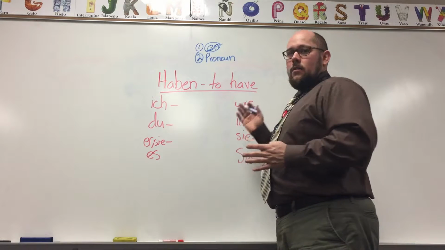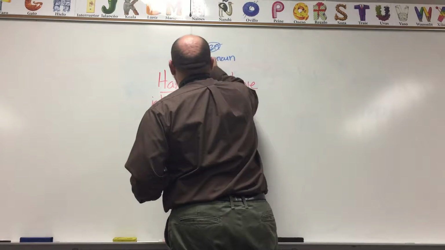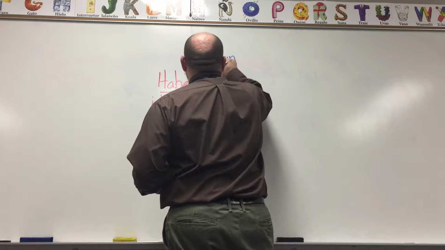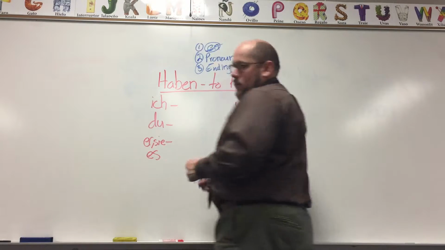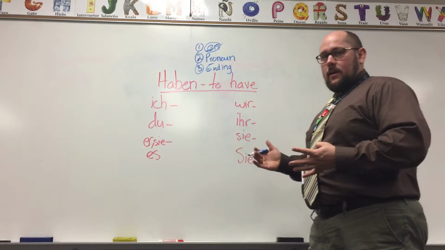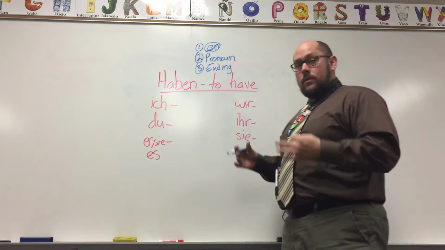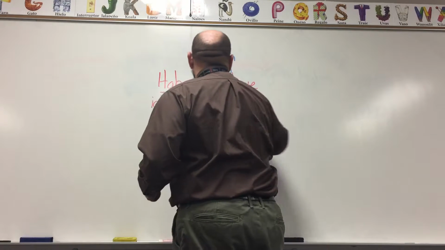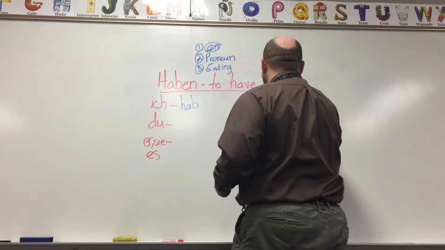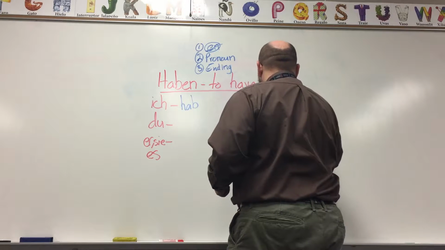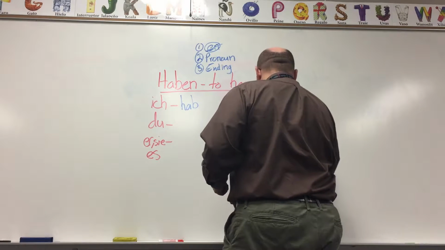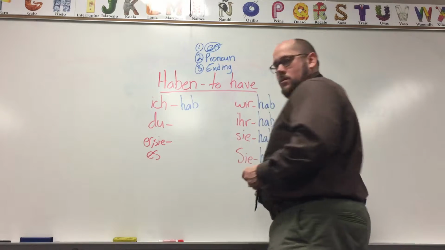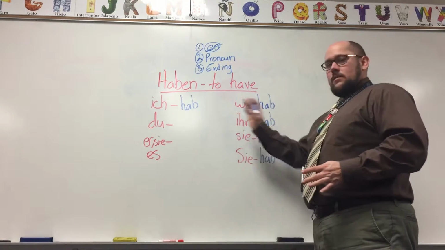They're all listed here. And then our third step, we simply add the appropriate ending onto our root of our verb. So all of these, once we take off the en, this is what we have for all of these.